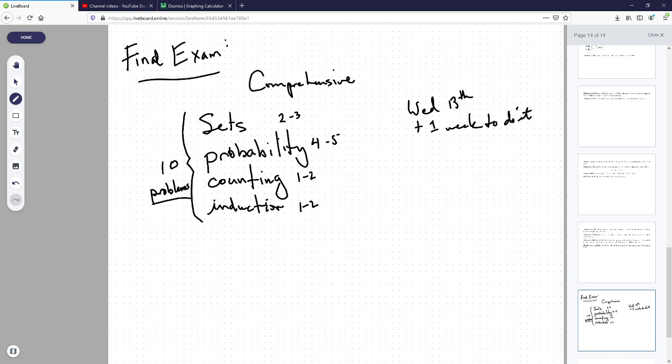Does that add up? 6, 7, 8. So that's 8 if we go with the lower end. It's 12 total if you go with the higher end. So maybe I'll just say that there's exactly 2 induction problems and then something like this.